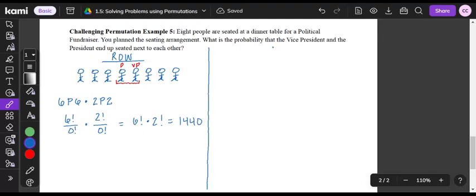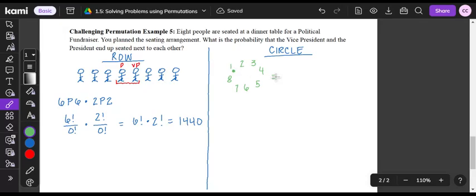Okay, now if I think about it like a circle, this is where it gets a little weird. All right, what I need you guys to recognize here is if you have a circle of 8 people, like that, all right, where 1 is in this top left spot, okay?